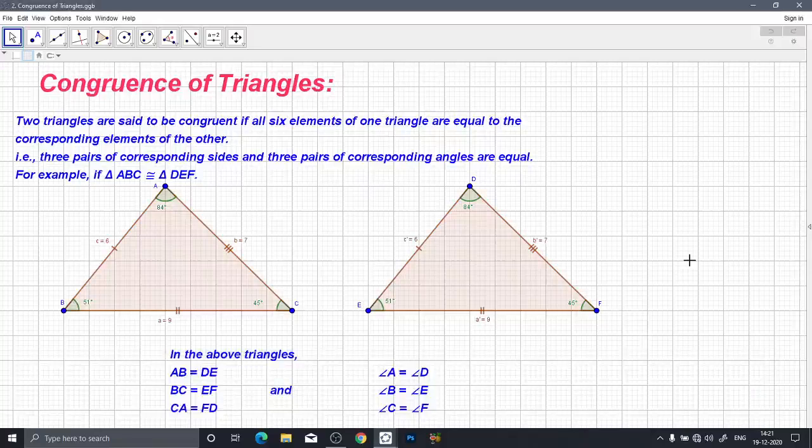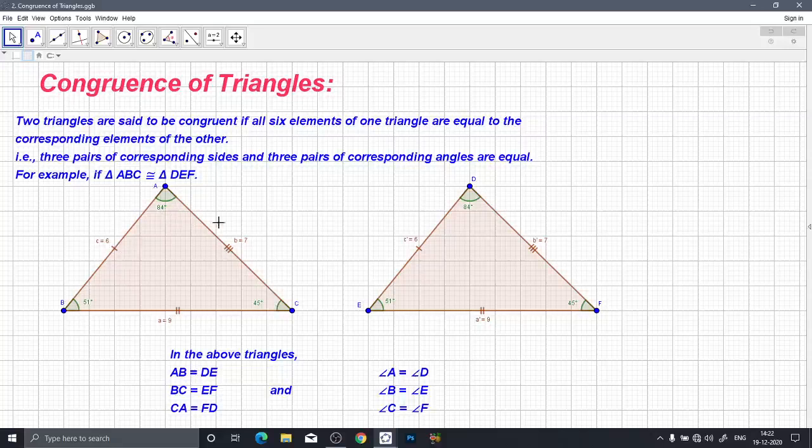How can we define that the given two triangles are congruent to each other? We have to find out which are the variables in two given triangles. In any triangle, three sides and three angles will be there.